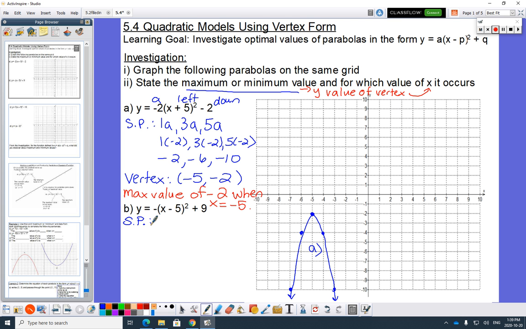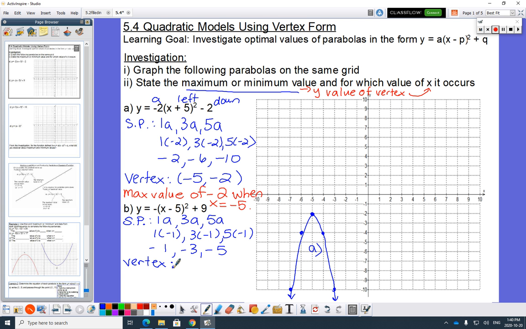Okay, so now when there's only a negative sign here, what number is understood to be there? 1, so you can do the same thing. -1 is your A value. And I chose opposite.